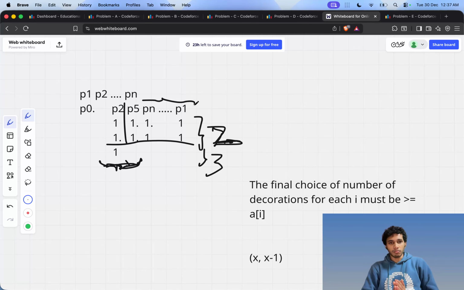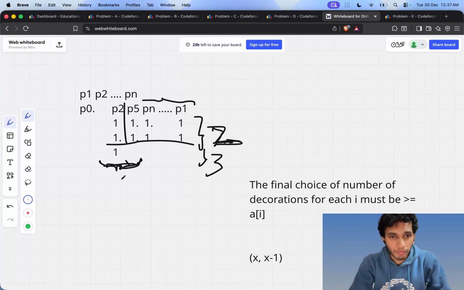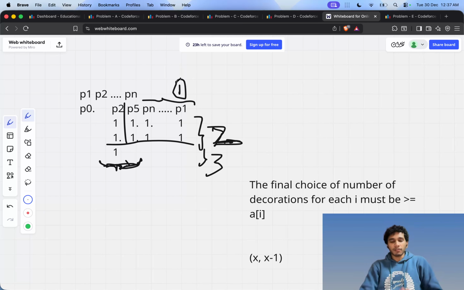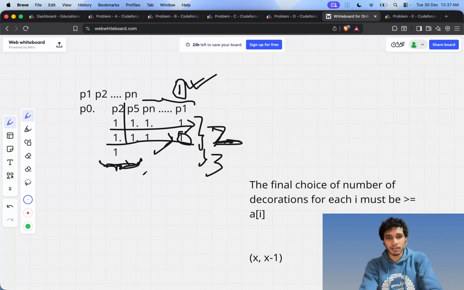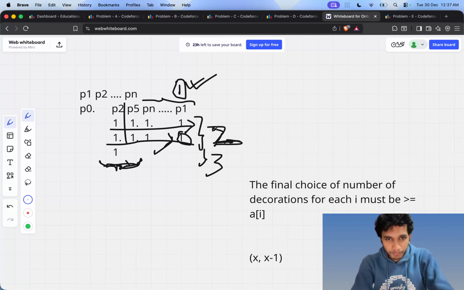Why so? Because let's say P1 chose one decoration. Is it possible to have such an iteration? This iteration is complete and stops here, because P1 has already chosen one decoration, so it cannot choose in the second iteration. Now in the third iteration P2 chooses, but the third iteration cannot start before P1 has chosen, because they are going in order.